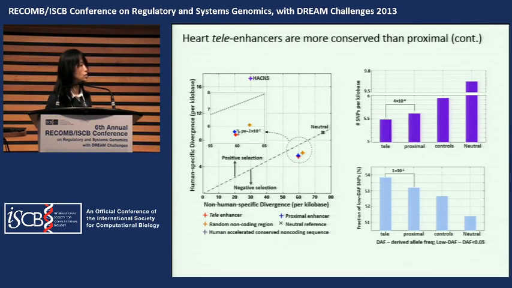Also, we looked into the SNP distribution, which represents the selection pressure on the enhancer in modern human history. We found the tele-enhancer has low SNP density and a very high preference for low derived allele frequency SNPs. All of these results show that the tele-enhancer is under strong selection pressure in different evolutionary histories.